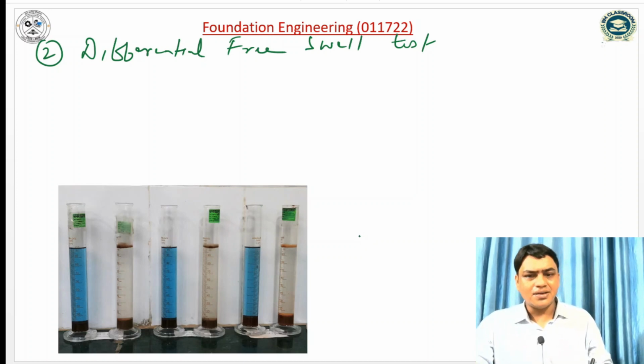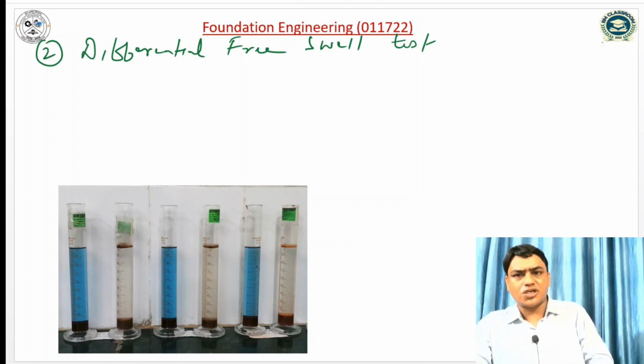These two cylindrical samples are allowed to settle and swell for 24 hours, and after 24 hours read the volume of soil in water and volume of soil in kerosene. So the differential free swell value can be computed as the ratio of the difference in soil volume in water and soil volume in kerosene to the soil volume in kerosene into 100.